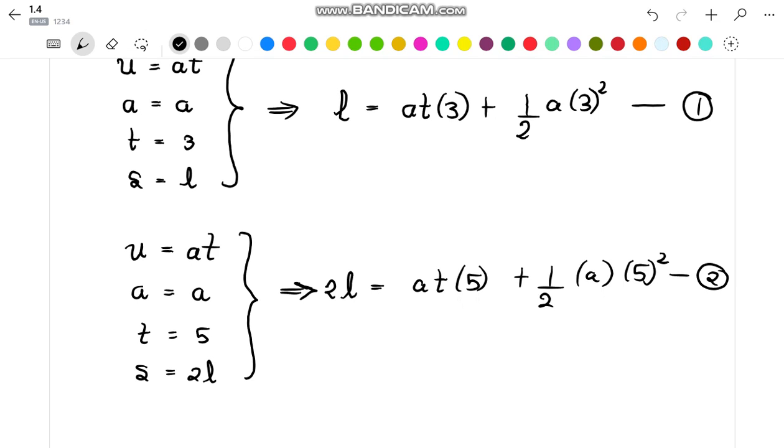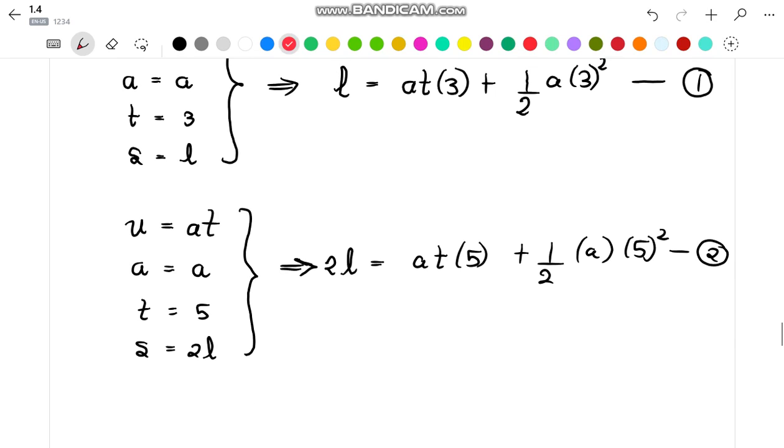Now from equation number 1 and equation number 2, I am eliminating the value of L, so I can simply write it as 2 times equation 1 is equal to equation 2.